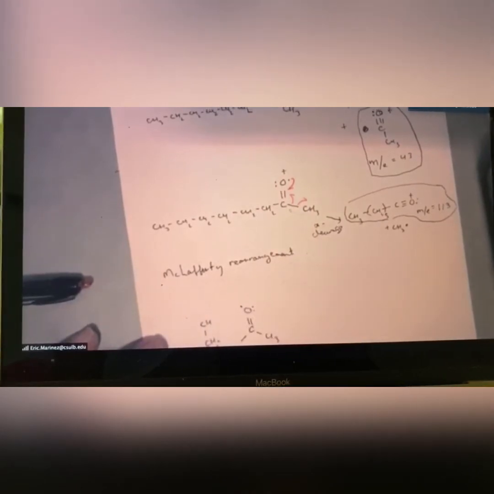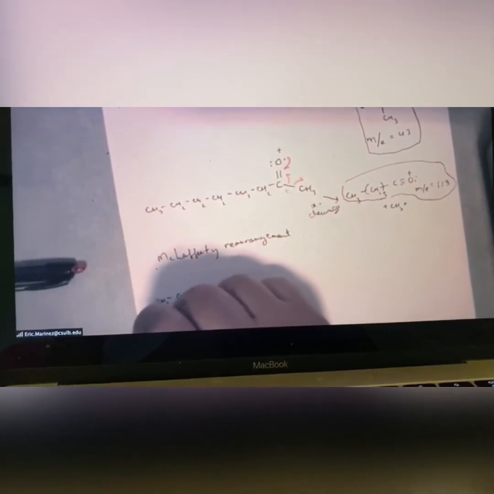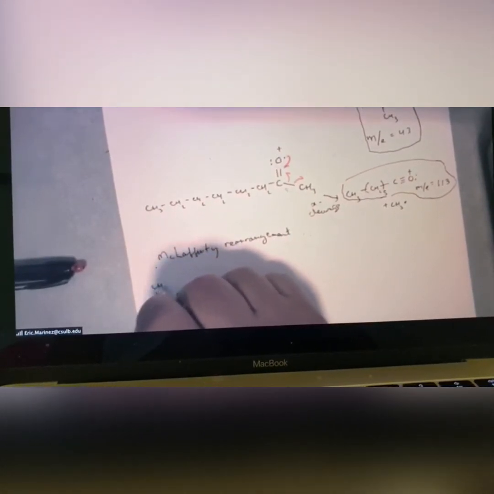Okay, so this is my alpha, this is my beta, this is my gamma, and my gamma must have a hydrogen. So I'm going to put a hydrogen out here, and then I have CH2, CH2, and is that right? 1, 2, 3, 4, 5, 1, 2, 3, 4, 5, and a methyl. I'll put the methyl this way.